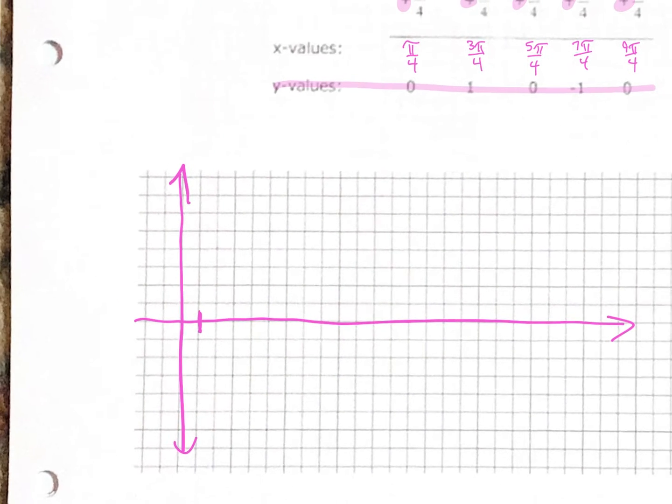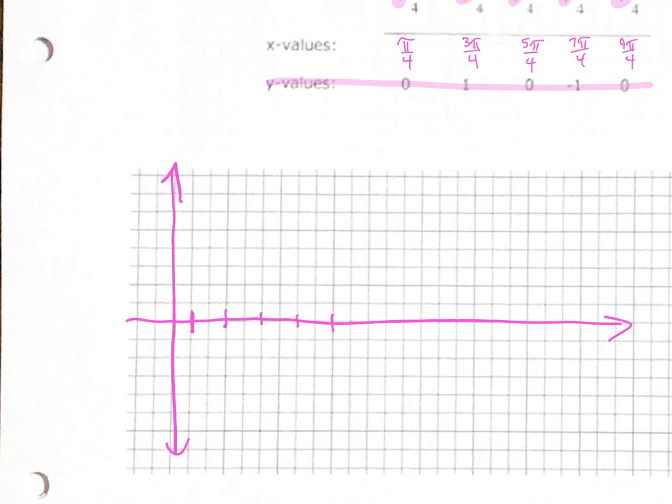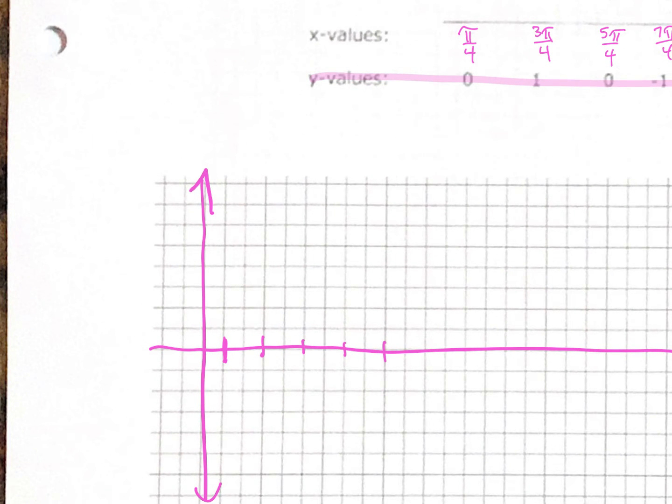Now to draw in our other hash marks, we need to go a distance of 2 pi over 4, so we need to go 2 hash marks away. So we're going to have pi over 4 here, and 3 pi over 4. Okay?